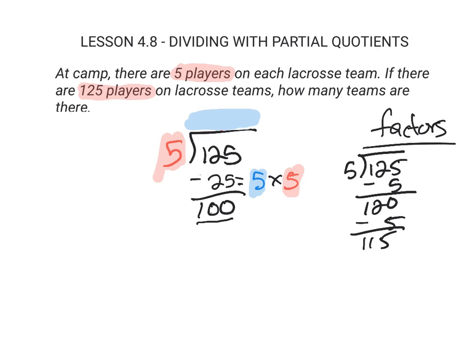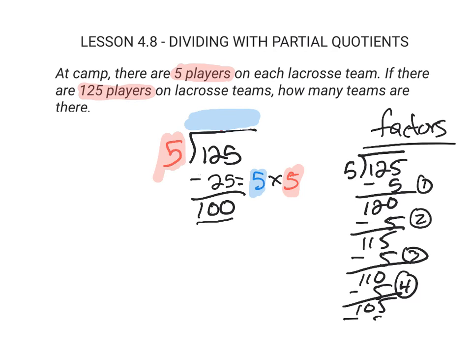Sorry, I have to keep track: 1, subtracted twice. 115 minus 5 is 110. That's 3. 110 minus 5 equals 105, and that's 4. Then 105 minus 5 is 100. How many times did we subtract? We subtracted 5 times. Look at this, this number and that number are the same.